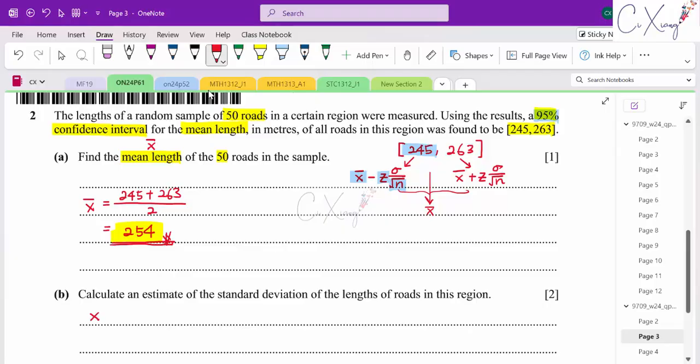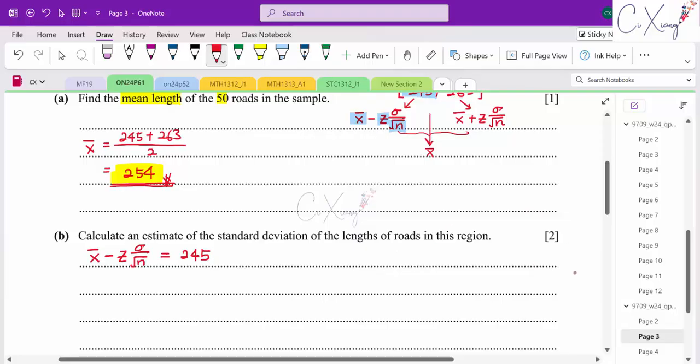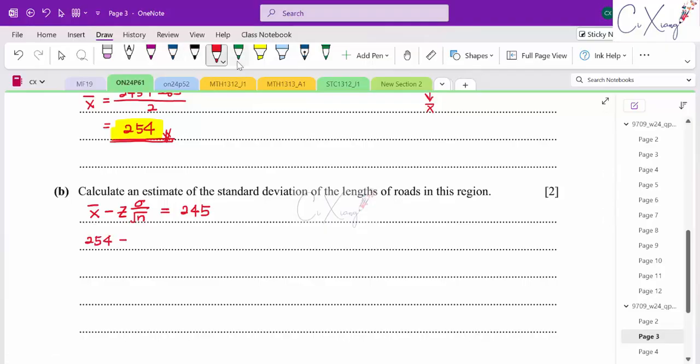So sample mean minus z multiplied with sigma over square root n, and I compare it with the lower limit for this confidence interval, which is 245. Okay, so let us put in all the values first. I'm having the sample mean 254 minus the z. So I want to find the z. How can I find the z here?